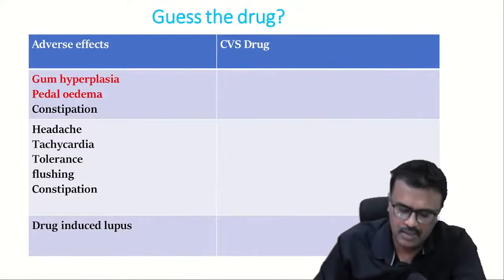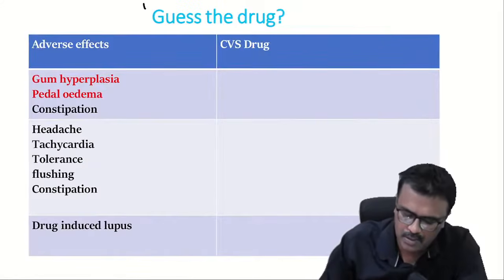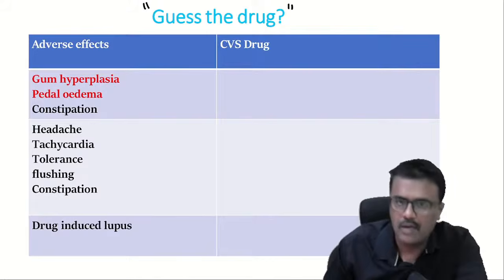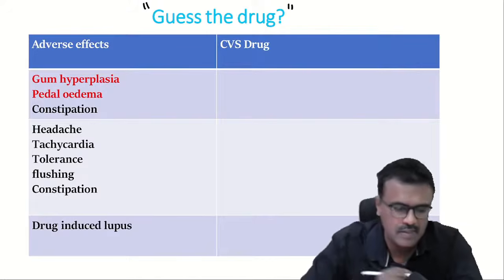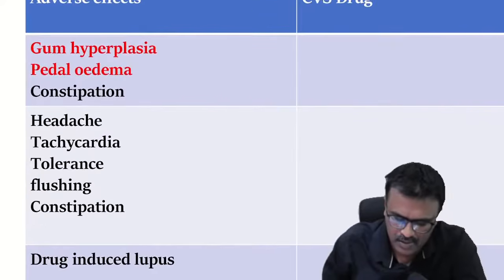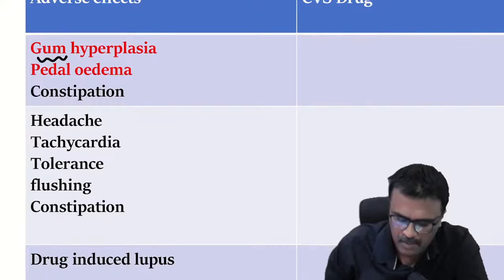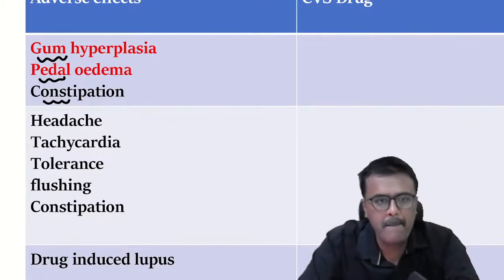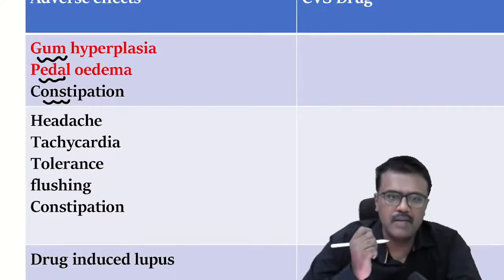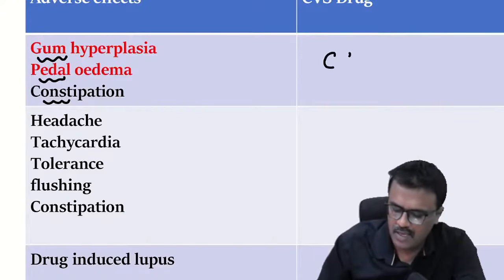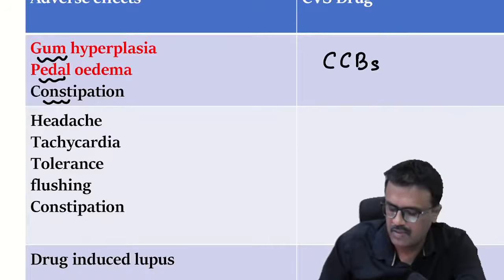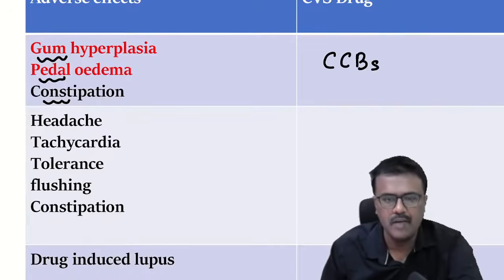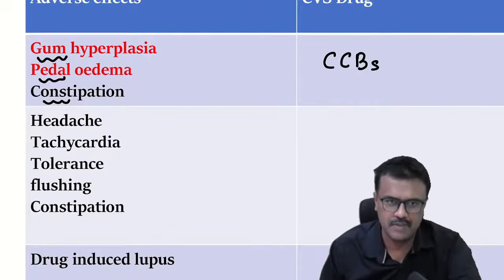Coming to guess the drug. Yesterday we left some of the concepts of adverse effects in CVS, so try to guess the drug. Which CVS drug causes gum hyperplasia, pedal edema, and constipation? These are done by calcium channel blockers, CCBs, a very typical adverse effect.